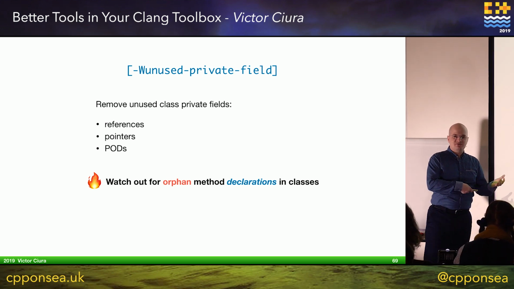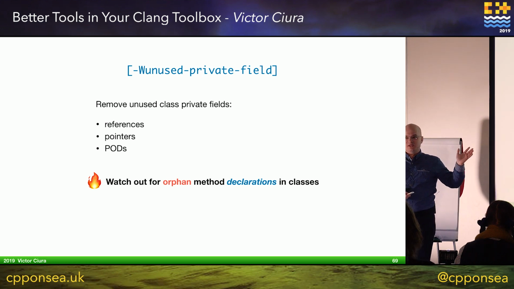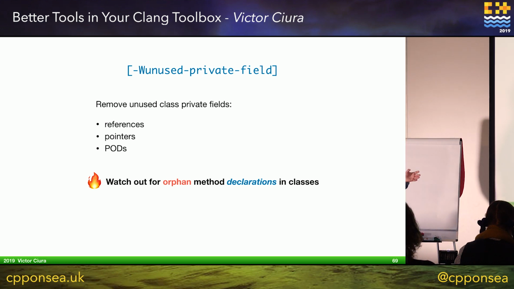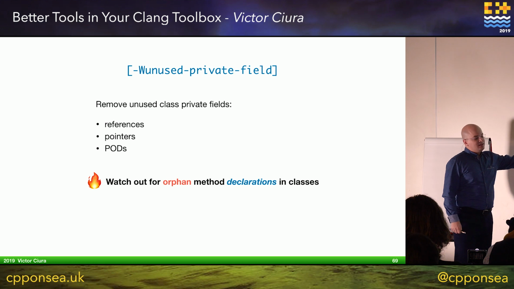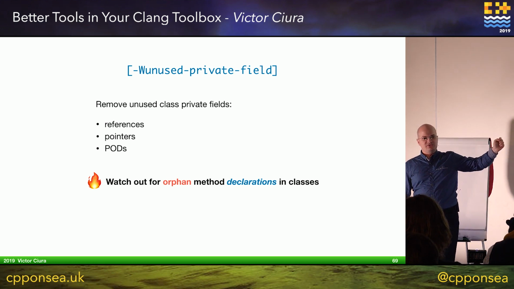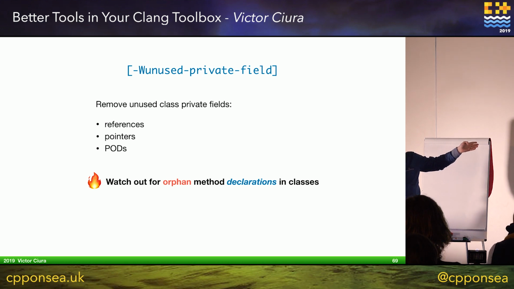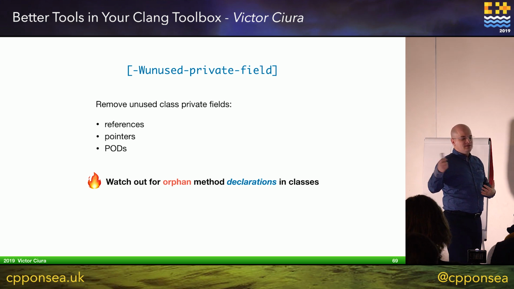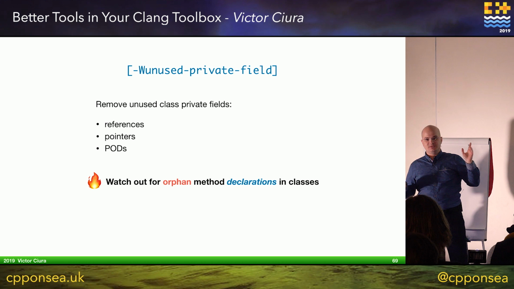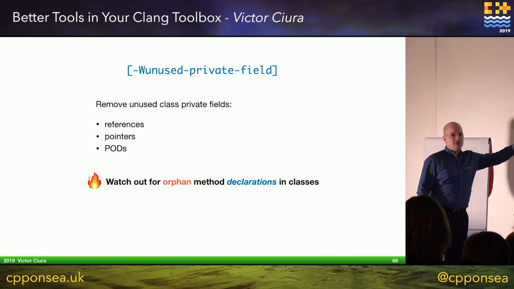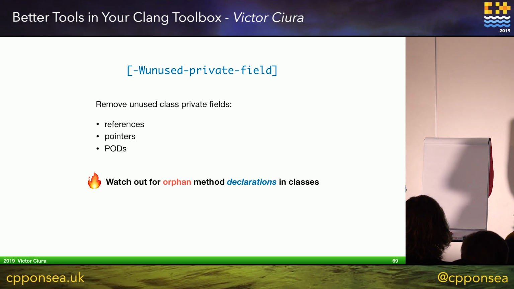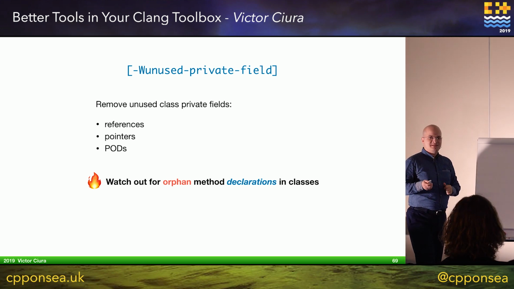But if you're not calling that function, so if it's really left over, and we had some instances of these functions that are declared but never called, the linker is happy to ignore that, and Clang cannot assume that you're not using those private fields, because you have functions that the compiler doesn't see the body for, and it assumes they're in a different translation unit and doesn't warn you about them. So we actually had to build separate tooling to detect these orphan method declarations to make sure that we remove those and then uncover more private fields that were left unused. So cleanup is hard. Deleting code is harder than it seems.